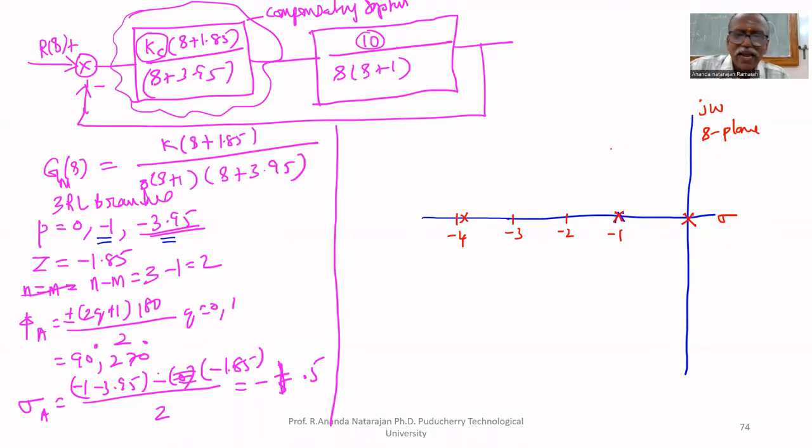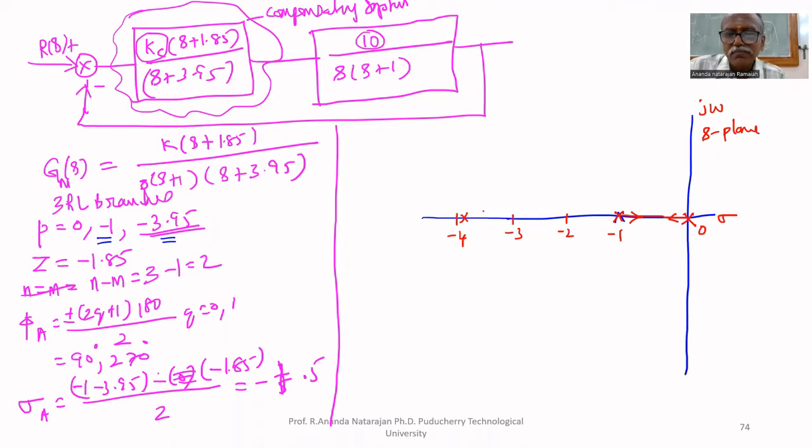Now, the angle of asymptotes. Before that, we have to find the root locus on the real axis. 0 and minus 1 are starting points. Therefore, the root locus will be like this.